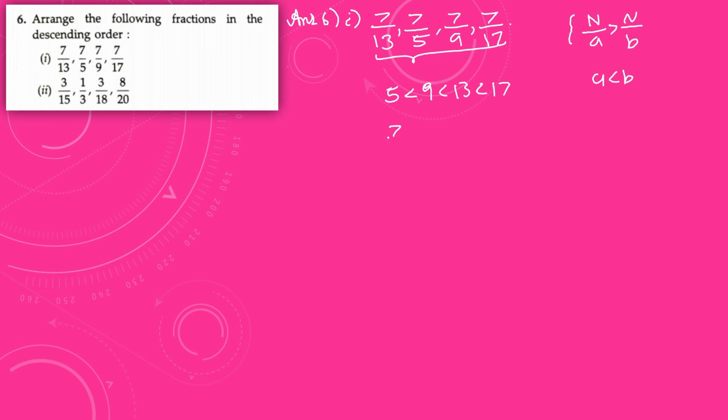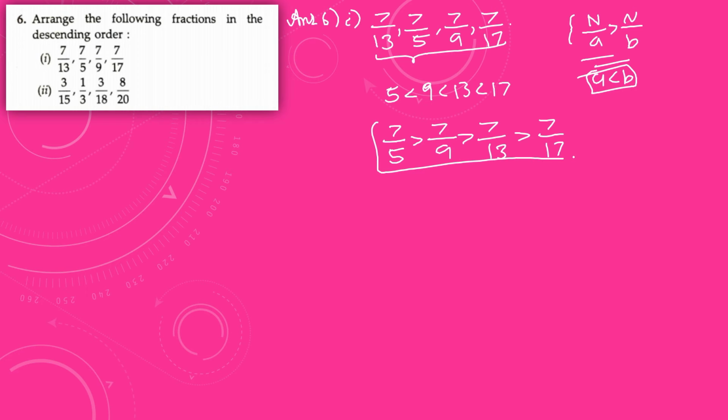Then in the same way, 7 upon 5 would be greater than 7 upon 9, which will be greater than 7 upon 13, which will be greater than 7 upon 17, by using the same property. Remember, if the denominator is smaller, the value of the fraction would be greater. Like this, we have arranged them in descending order, that is from biggest to smallest.